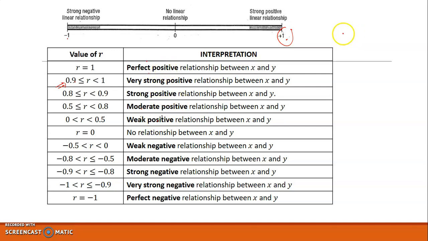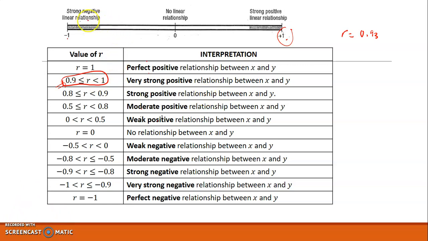Let's say the R value is 0.93. This is a positive value, so it means a positive relationship. For the strength, 0.93 is in this range here, so the relationship is a very strong positive relationship between the variables x and y.